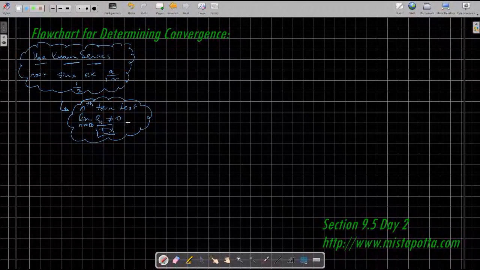But I don't know conclusively that it converges if it does equal 0. So this takes us to the next step.